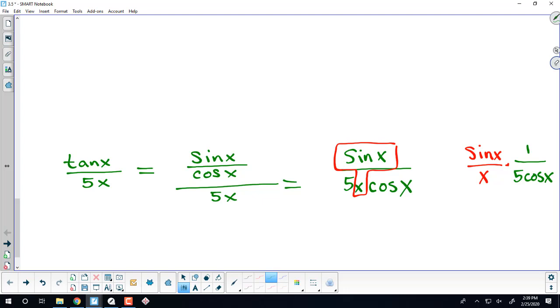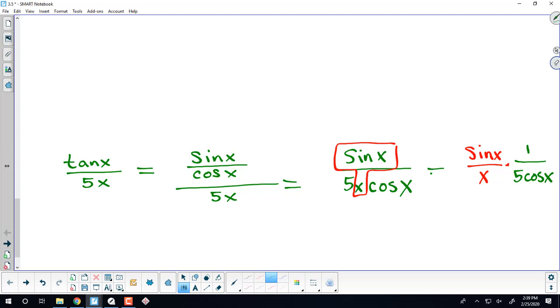What does cosine approach as x approaches 0? 1. Yeah. So there's no problem here. Cosine doesn't approach 0. We don't have a 1 over 0 situation. The theorem applies to sine x over x.